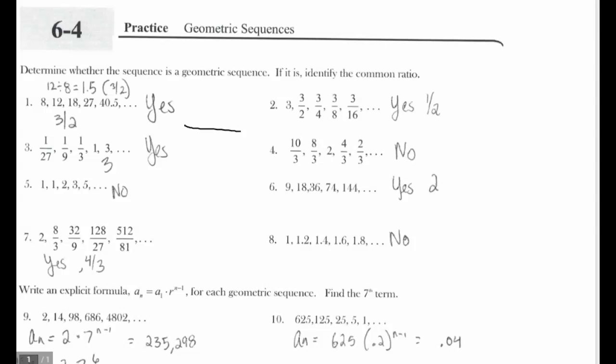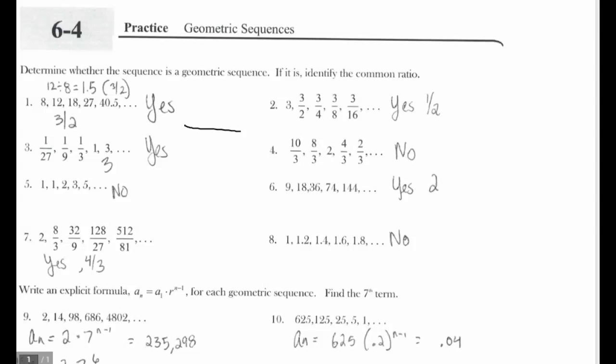So what you should be doing is taking a second or any number that you pick. If I'm looking over here at number 2, because I got a little more room, and divide it by the previous one. So if I take 3 halves and divide it by 3, and then I take 3/4 and divide it by 3 halves.